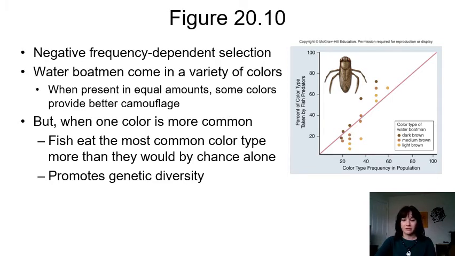And the same thing with brown, right? If brown is the most common color, then it is going to be most commonly eaten. And the same with medium brown, right? So in this case, it doesn't matter what color you are. Color is not providing any type of camouflage advantage. It is just whatever color is most common is the one that gets eaten and selected against.